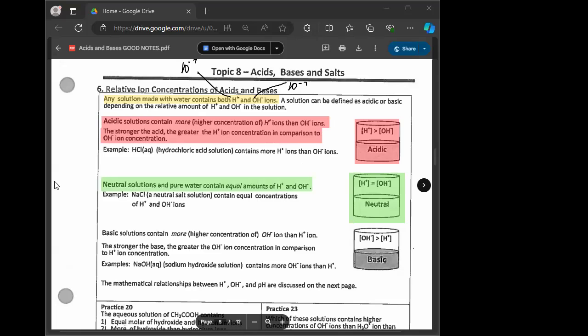Okay, now let's take a look at this part. Basic solutions contain more OH than they do hydrogen.